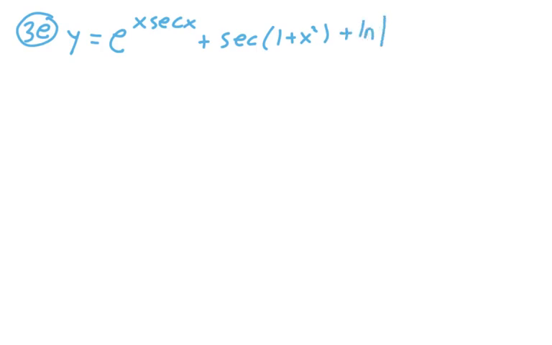3e. Suppose I have y equals e to the x secant x plus secant of (1 plus x squared) plus natural log of the absolute value of secant of 5x plus tangent of 5x.